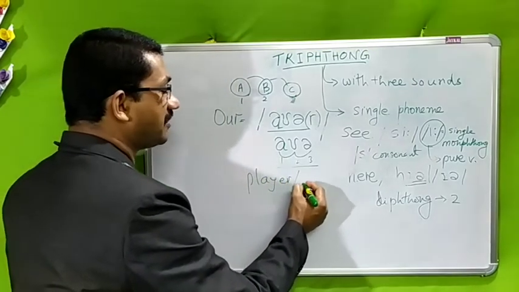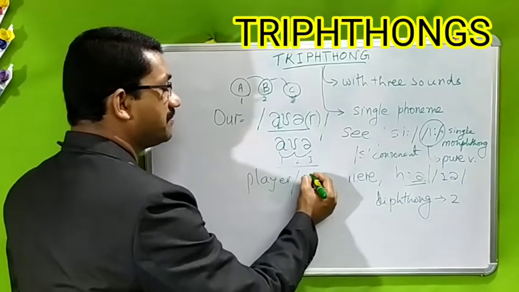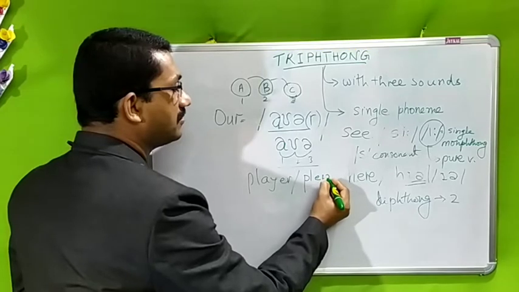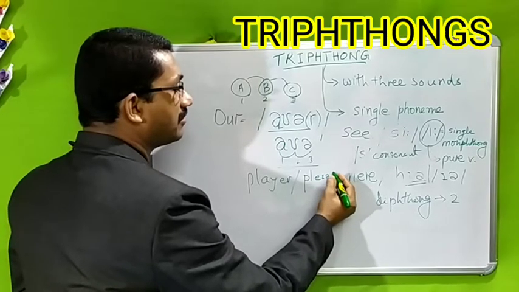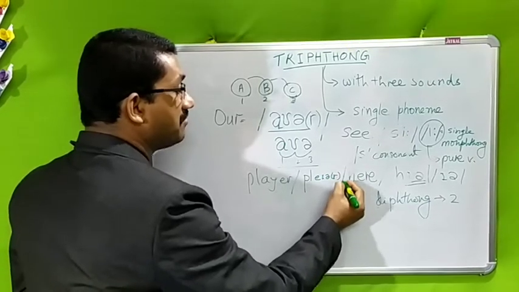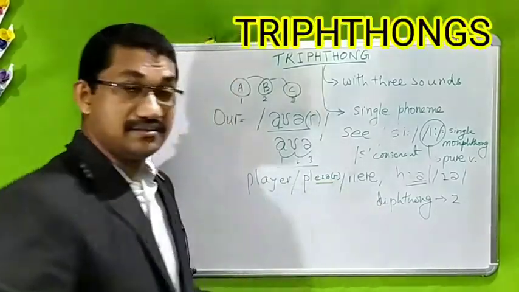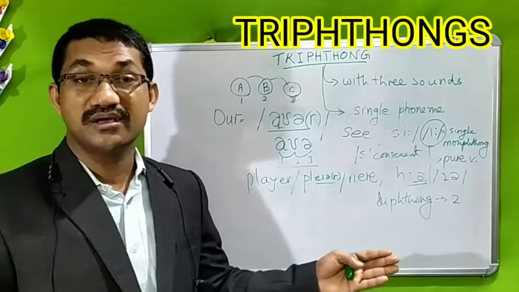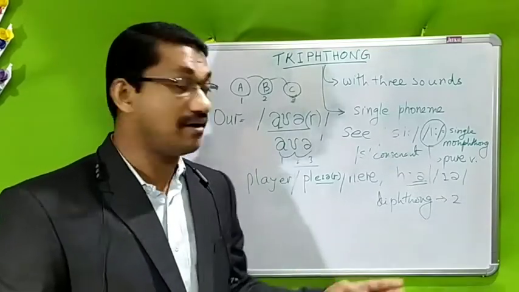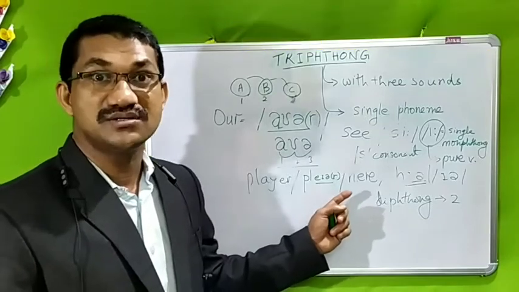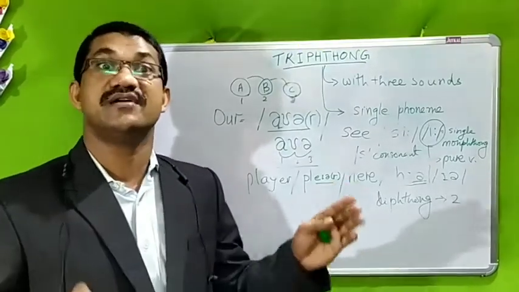Alright, now we have the word player. Player, player. Let's transcribe. Again within brackets. Player. Okay, the player kick the ball. The player. Let's look at this. In fact the A sound in this word is a triphthong.